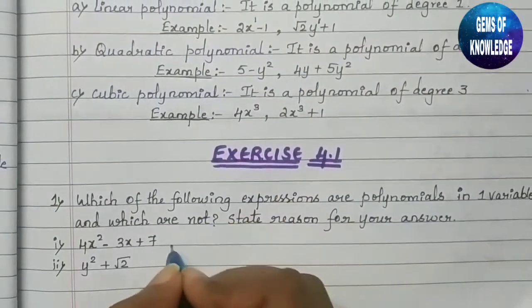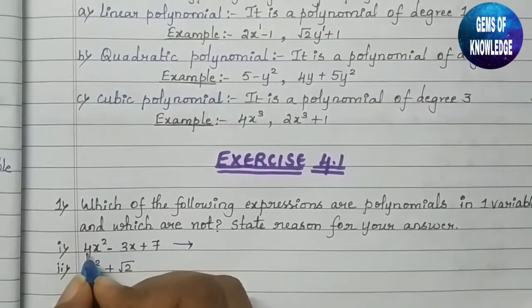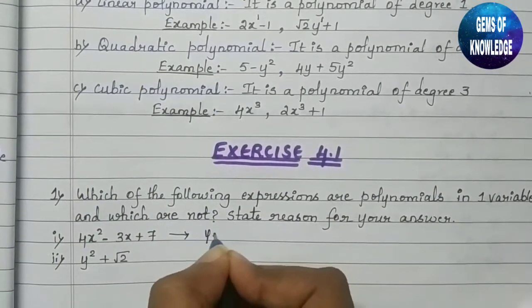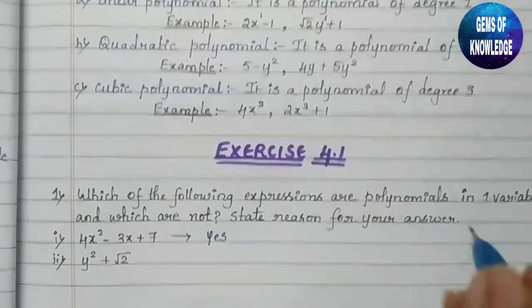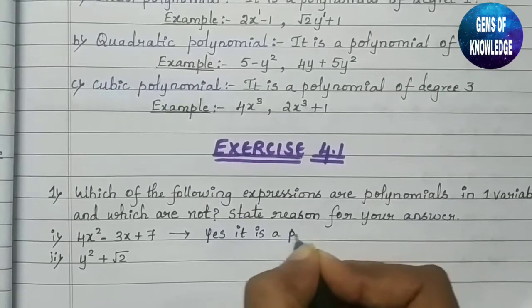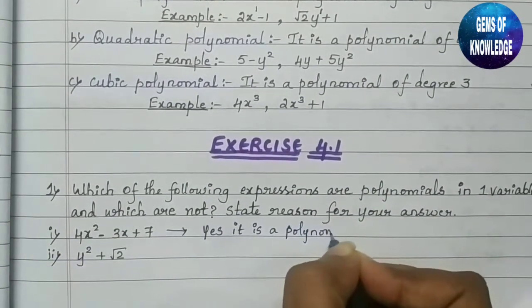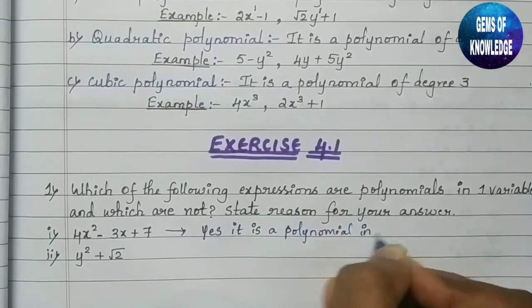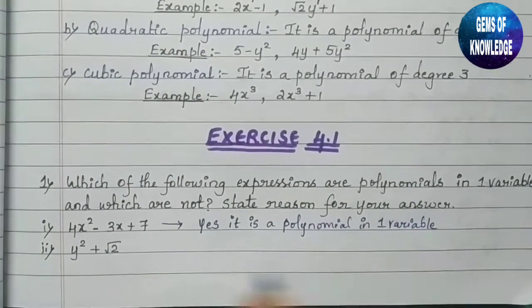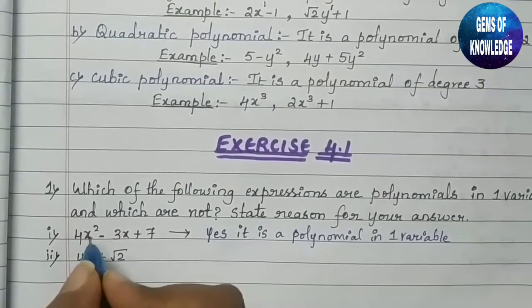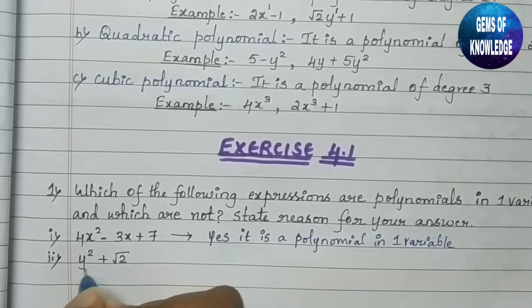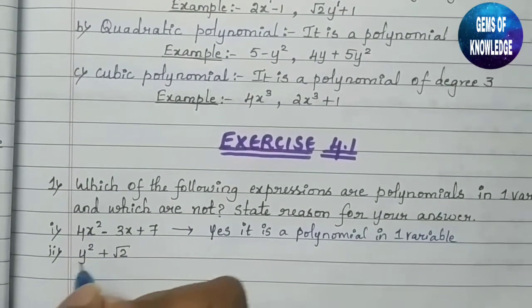The first one is 4x square minus 3x plus 7. Yes, it is a polynomial in one variable. The second one also, only the variable y is given in this expression.